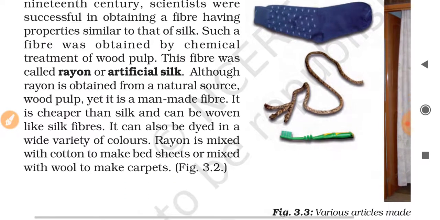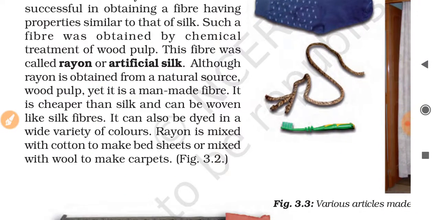Although rayon is obtained from a natural source, wood pulp, it is made chemically by human beings. That is why it is known as a man-made, artificial or synthetic fiber.